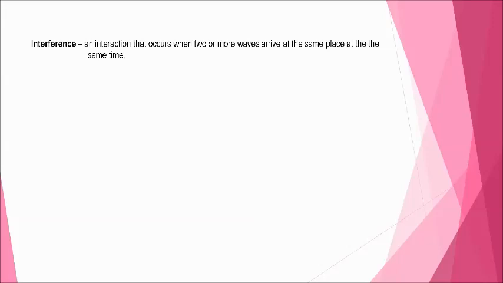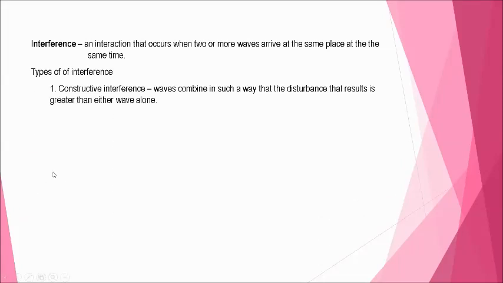And with this, there are two types of interference. First one, we have the constructive interference. Here, constructive interference happens if troughs meet up with troughs or crests meet up with crests when they arrive at a certain point at the same time.